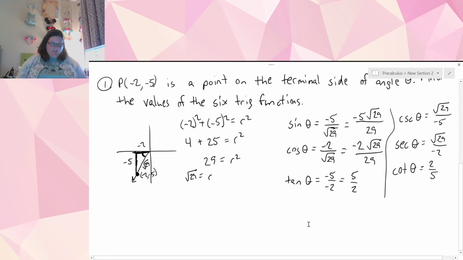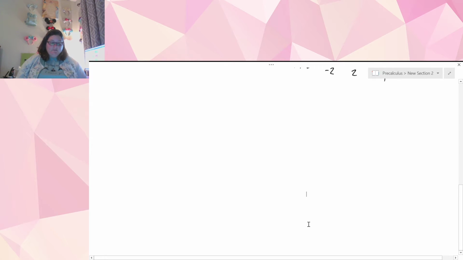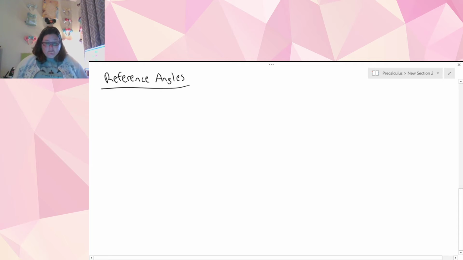So the next thing we're going to talk about are reference angles. So reference angles are super important for understanding your unit circle and using your unit circle. Okay, so reference angles are super important, like I said.